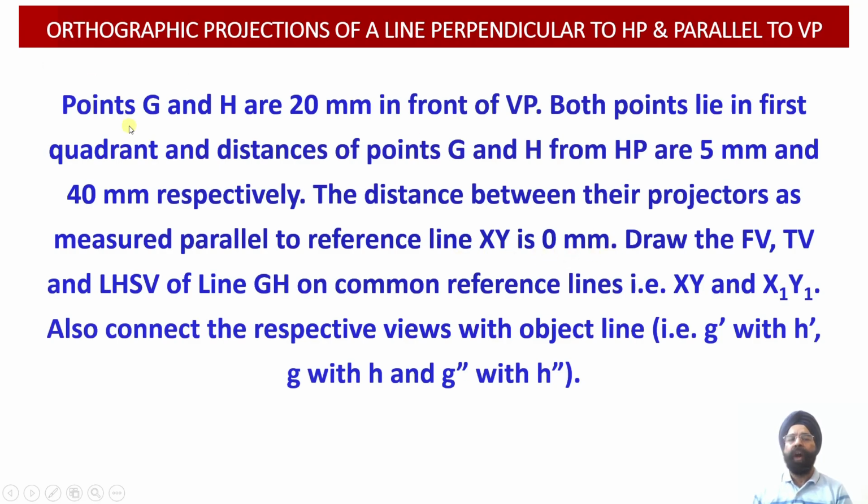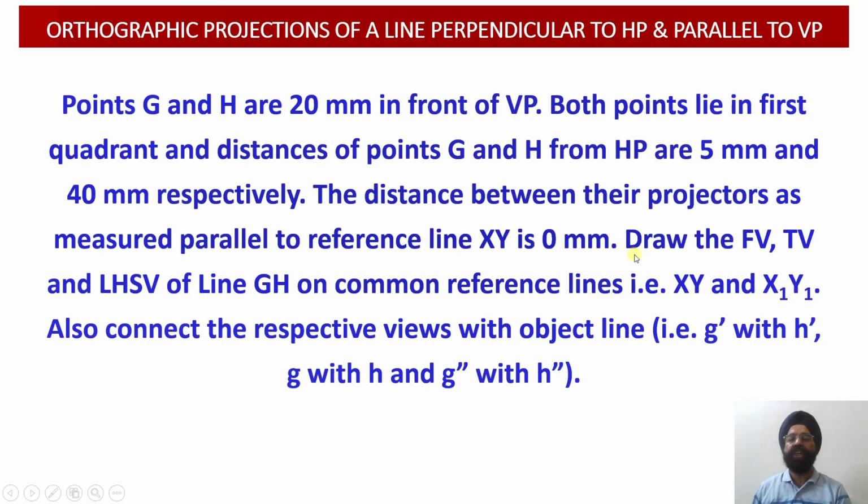That is, points G and H in the top view will be coinciding with each other, and similarly points G dash and H dash in the front view will also be coinciding with each other along the same vertical projection line, so that we are going to get the point view projections of this line in the top view, whereas in the front view along the same vertical line, the projectors G dash and H dash will be lying above the XY reference line.